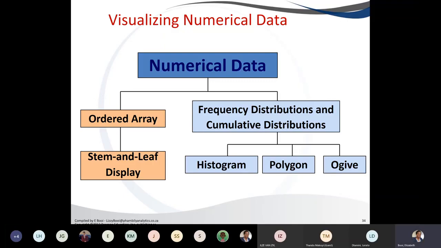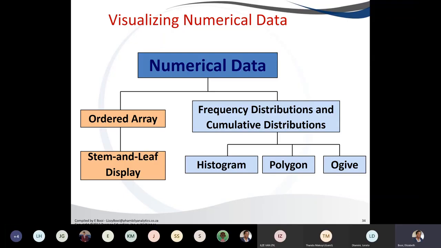A frequency distribution is like your summary table for numerical data. It will also give you the frequencies, and it also gives you the percentages, but it looks almost exactly the same as a frequency table, but this is meant for numerical data.